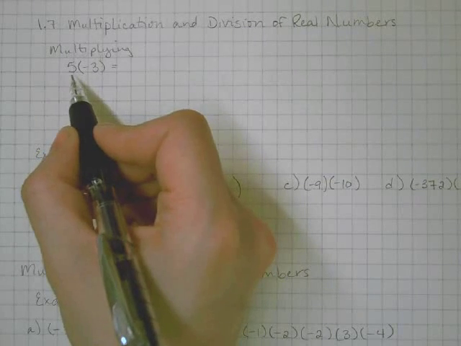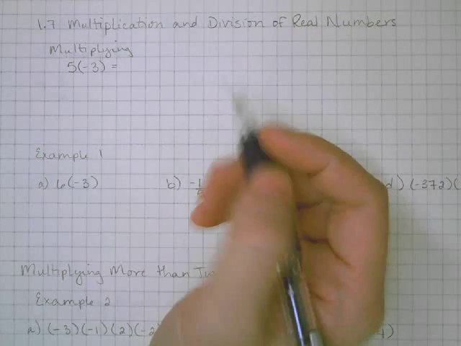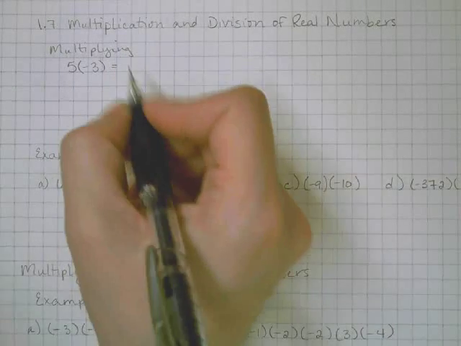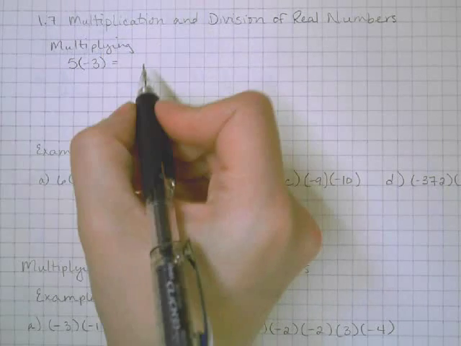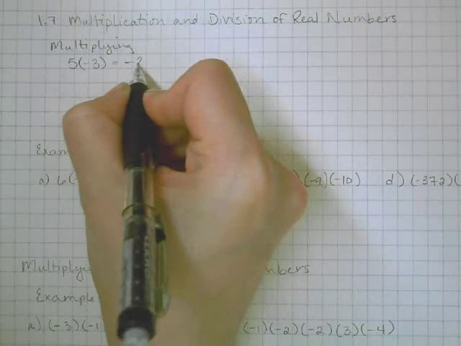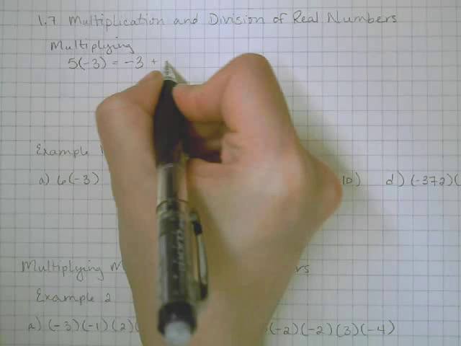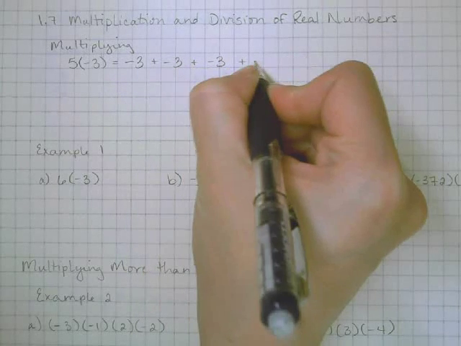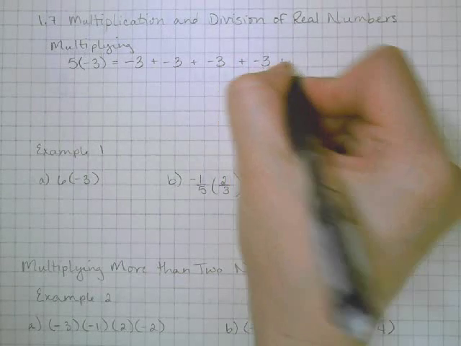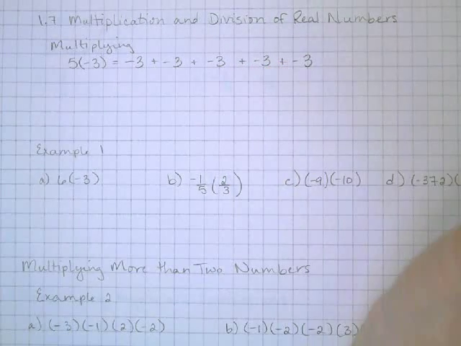So if I multiply 5 times negative 3, what that really means is that I'm shortening an addition problem. So this is negative 3, 5 times. So negative 3 plus negative 3 plus negative 3 plus negative 3 plus negative 3.